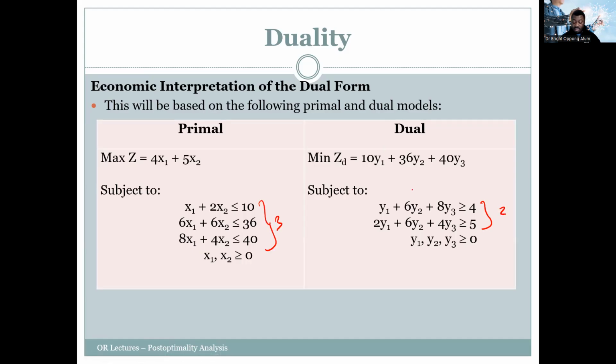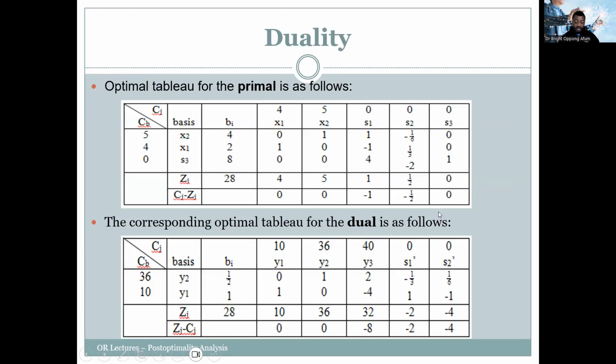And the coefficients in the dual become 3, and that's in the primal become 2, and the variables become 3, and that becomes 2, right? Okay, so if we are to solve the primal, this is the initial solution. When we solved the primal, we had 28 and -1, -half coming in here, all right.